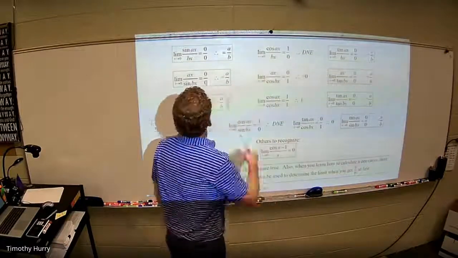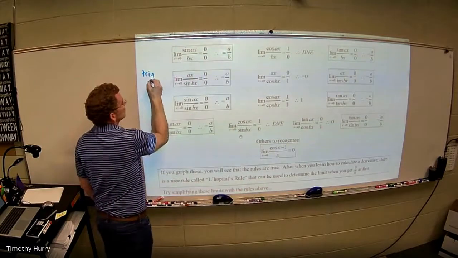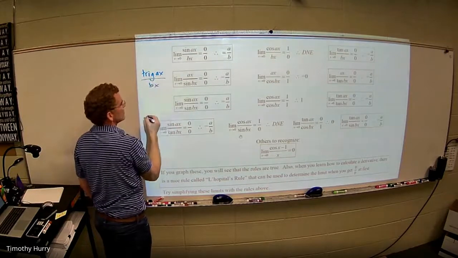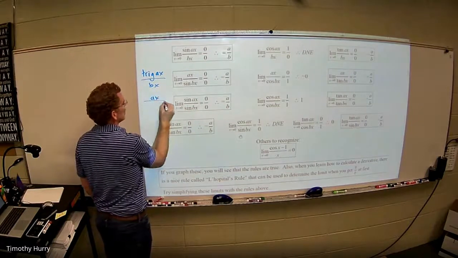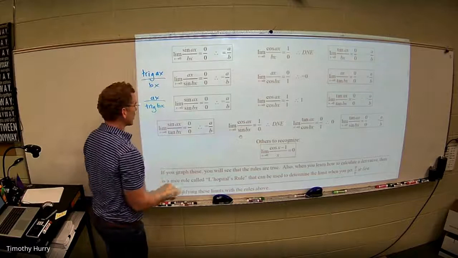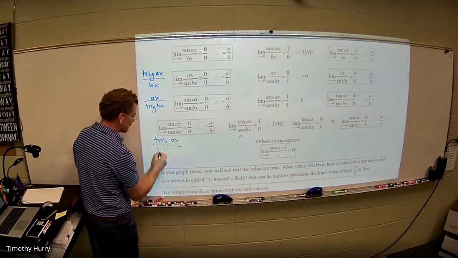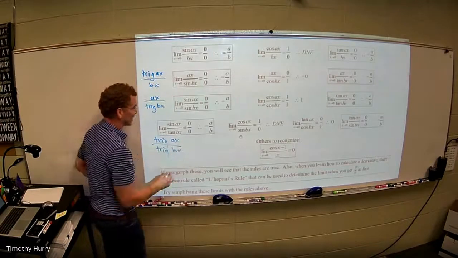You will see that all of these are either a trig function of something x over something x, or it's a something x over a trig function of something x, or it's a trig function of something x over another, whether it's the same or different, trig function of something x.